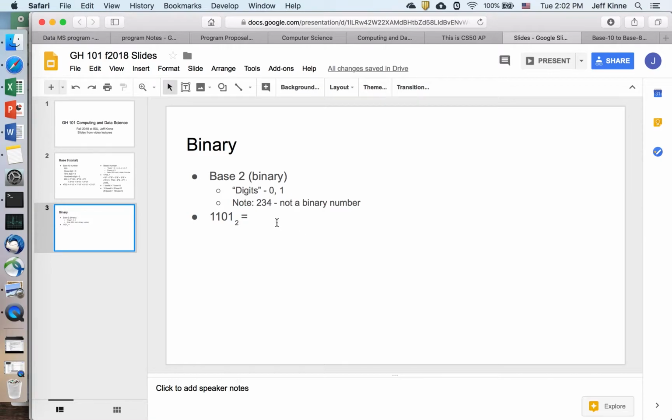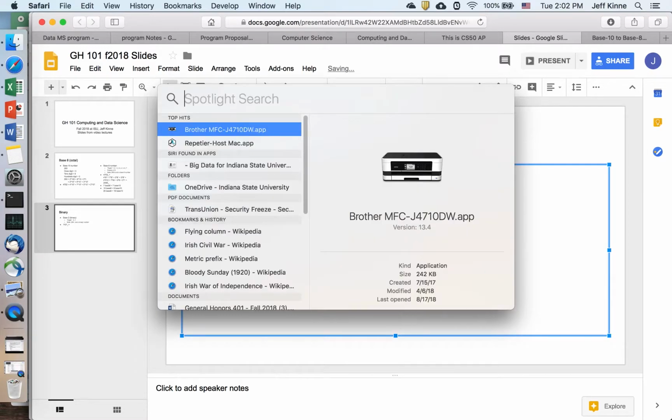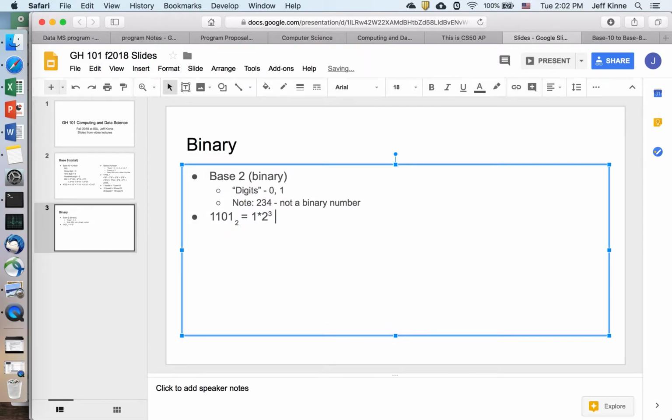So we'll do the same thing where we have 1 times a power of 2 plus 1 times the next power of 2 plus 0 times the next power of 2 plus 1 times. All right, so we have 2 to the 0, this is the 1's digit, this is the 2's digit, this is the 4's digit, this is the 8's digit, or the 2 cubed. And then we just multiply all this out.